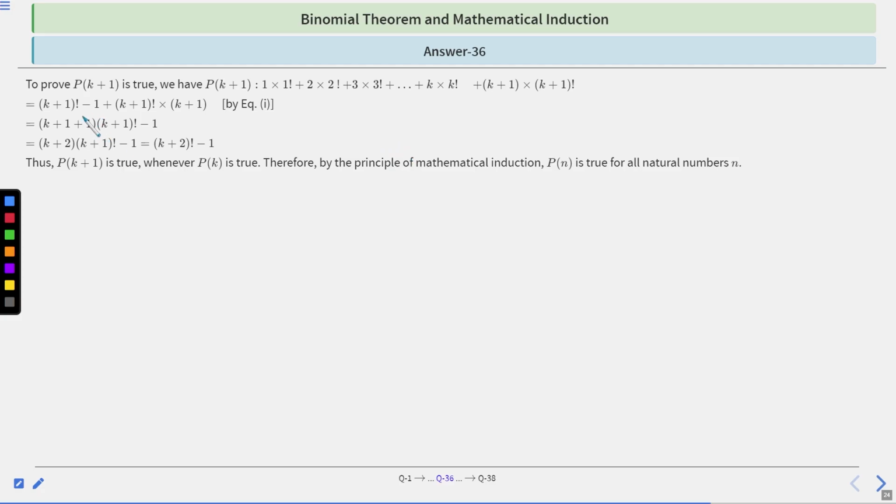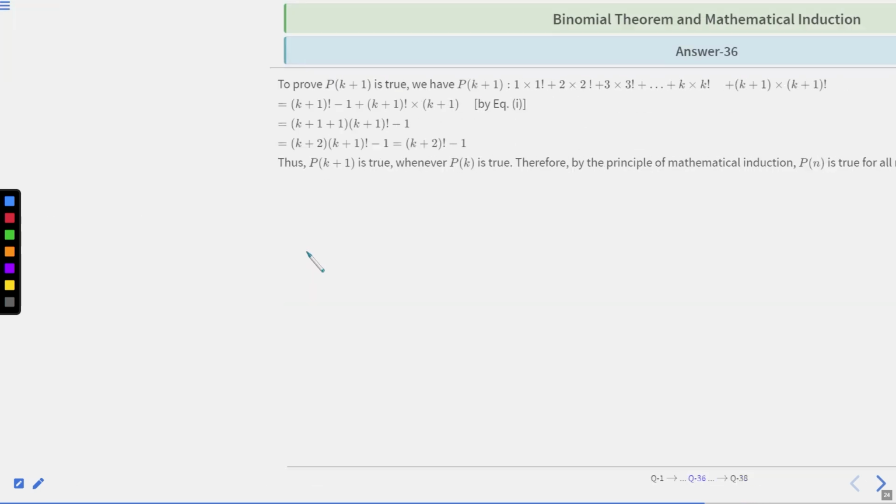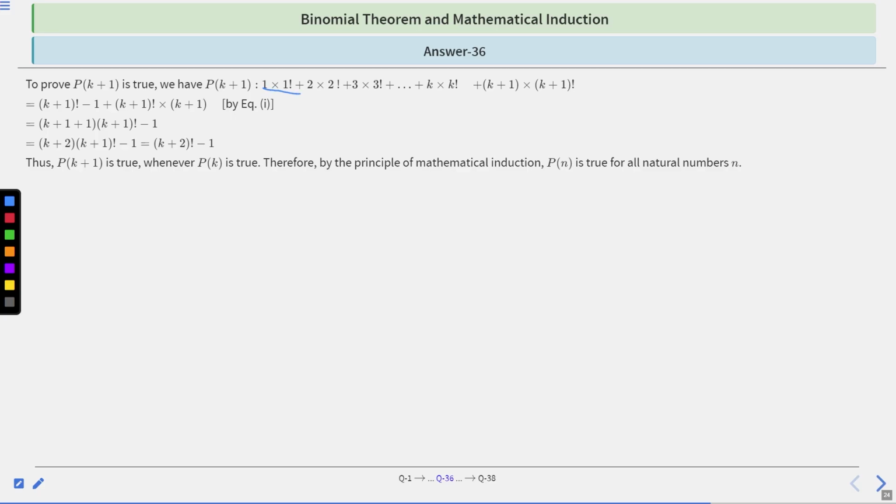Now it can be written as, by equation 1, because the first part is basically (k+1)! − 1, so this whole term can be written as (k+1)! − 1 + (k+1)·(k+1)!, right?